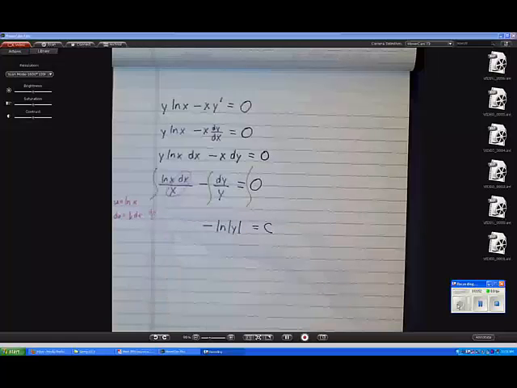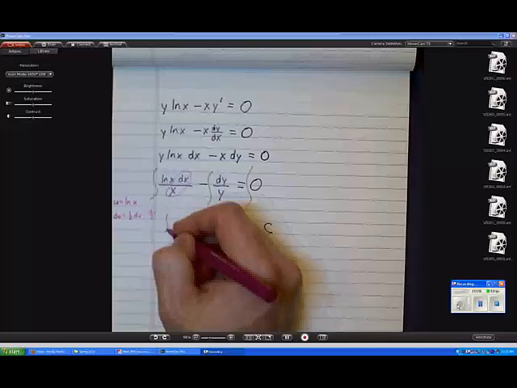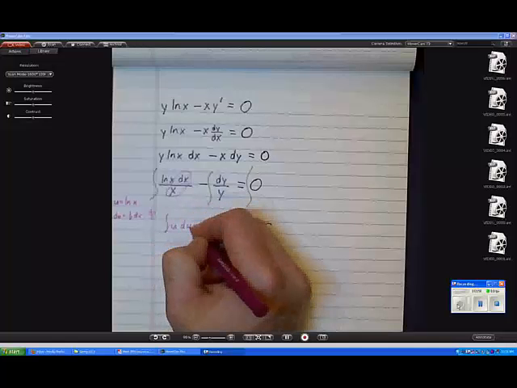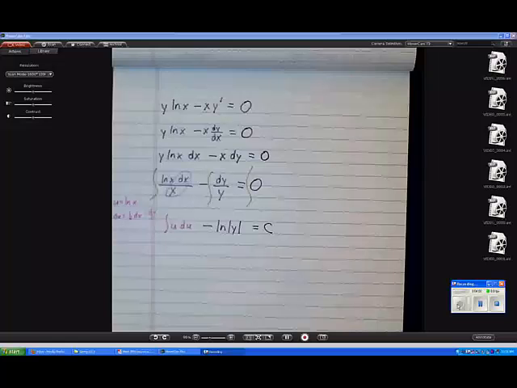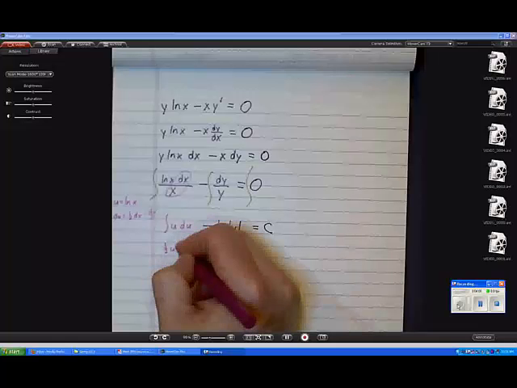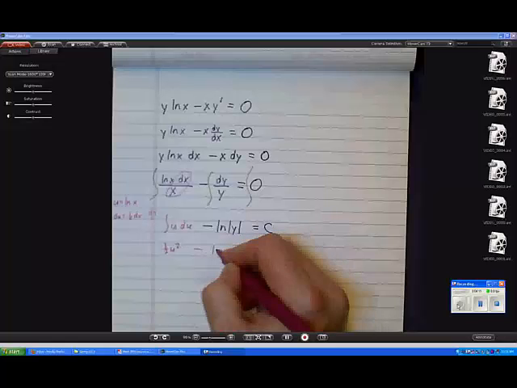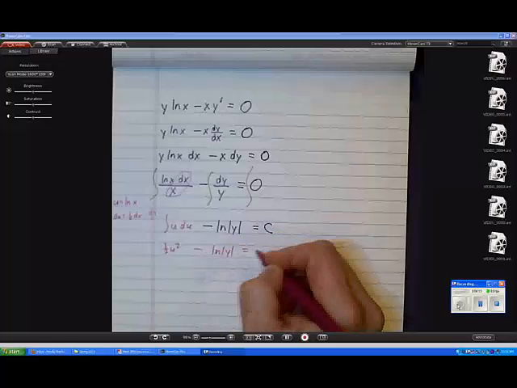So let's see. What I end up getting is the integral of u du. Okay? So let's see what we get. Well, we get 1/2 u squared minus ln of y equals c.